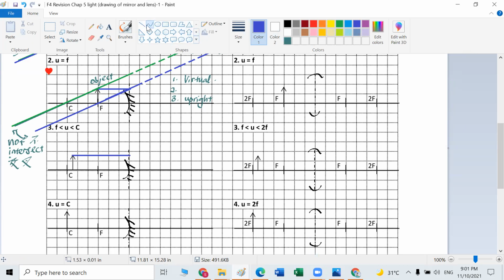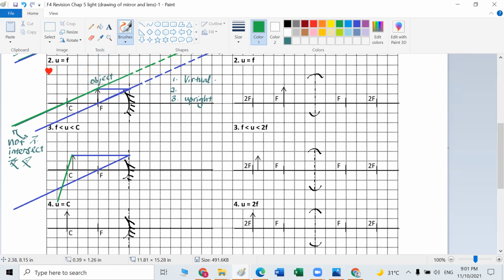Then F. Then C. Then you will see, hey, they intersect already.